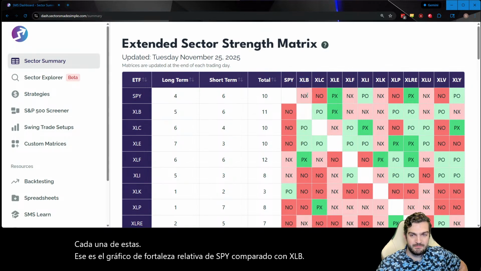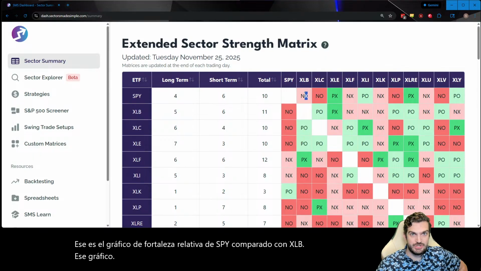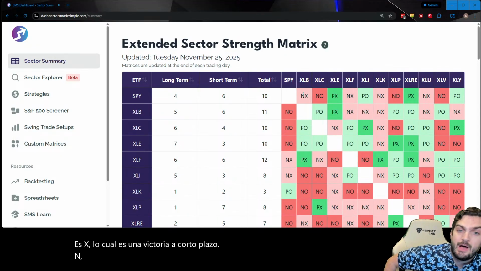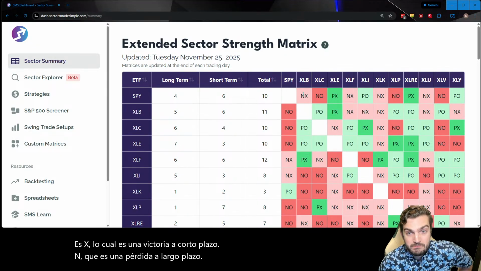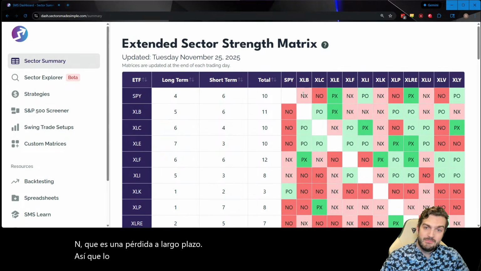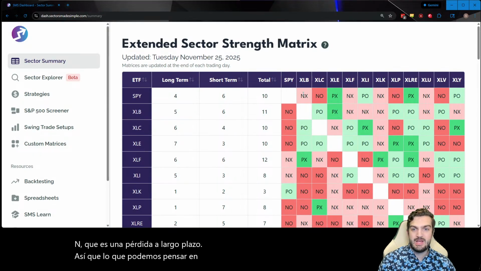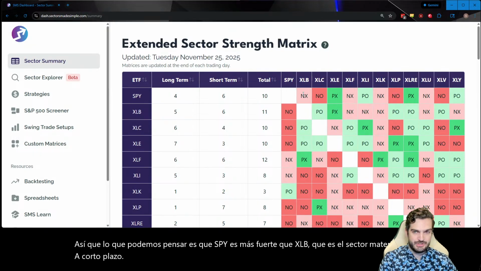That chart is X, which is a short-term win, N, which is a long-term loss. So what we can think about that as is that SPY is stronger than XLB, which is the materials sector, short-term, but it is weaker long-term.